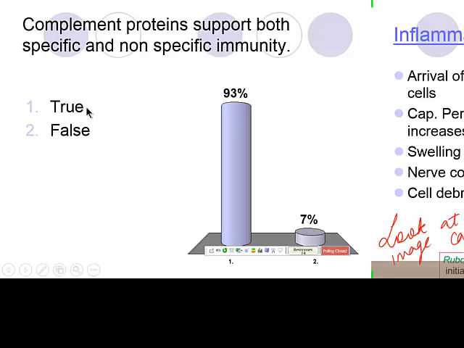It is true. In non-specific immunity, it was one of the second lines of defense, and in specific immunity, we just saw in humoral immunity how humoral immunity activates the complement system.